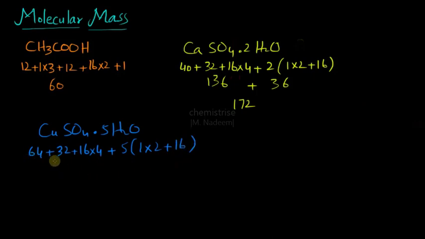So this will be 64 plus 32 plus 64, that will give you 160, plus 16 plus 2, 18 times 5, which is 90. So the total molecular mass will be 250 for copper sulfate dot 5H2O.